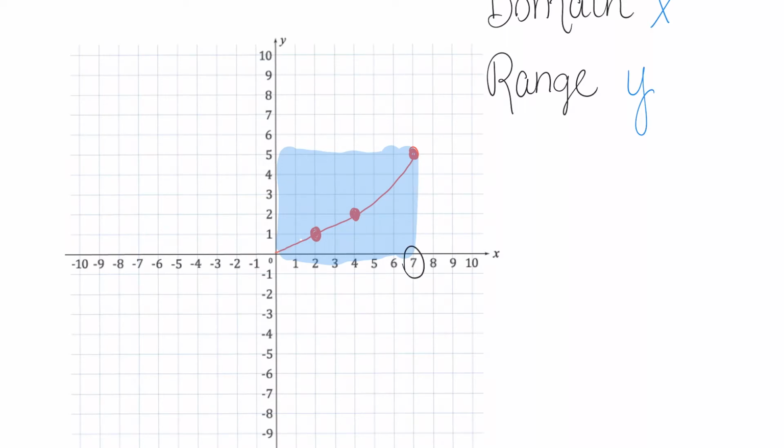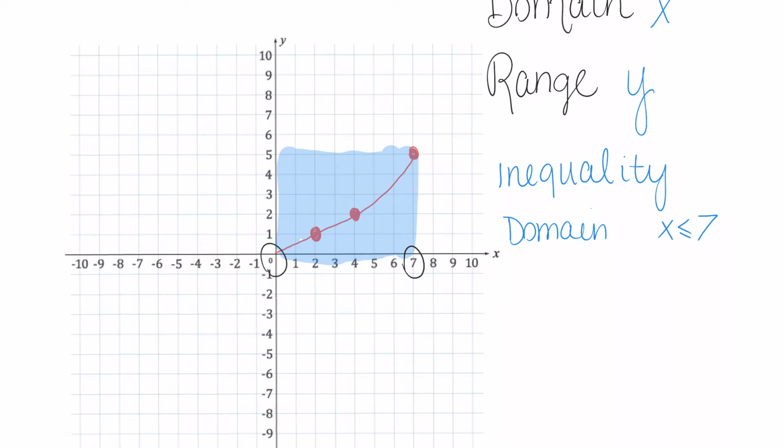So that means that if I was going to talk about the domain of this graph as an inequality, let me write that out for you. This is the inequality way of showing the domain and range. The domain would mean that 7 is the largest number and that all of the x's have to be less than or equal to 7. But look carefully, what's the smallest x value we've got? Well, that's going to be 0.